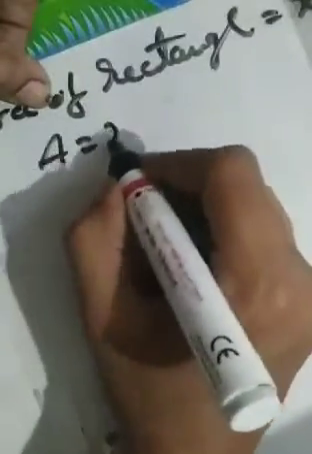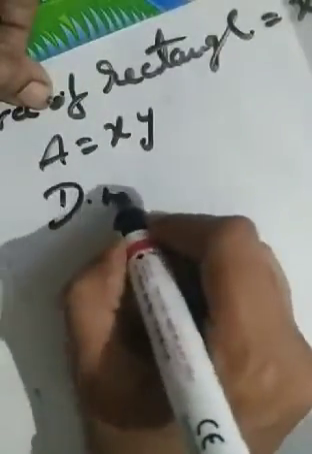Area of the rectangle is given by xy. So A is equal to x into y.